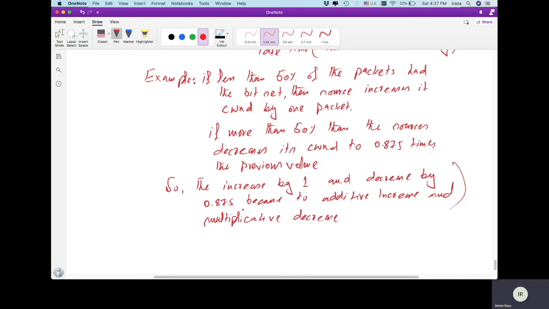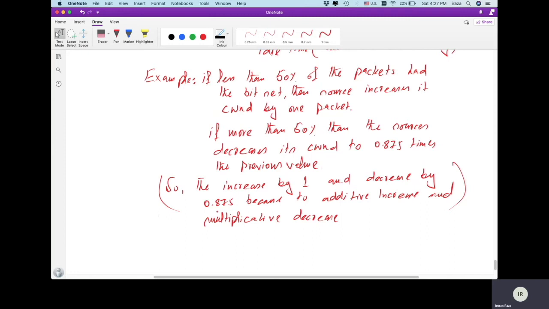Right, because the same was happening in additive increase and multiplicative decrease. Remember in congestion avoidance, we were increasing the window size by 1 on every success, and whenever we observed congestion, we decreased the window size multiplicatively with a factor of 0.875. So the same is the case in the DECbit, right?